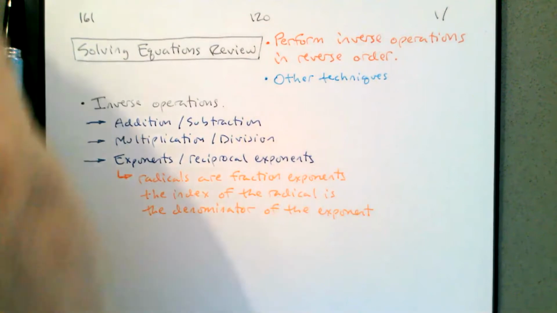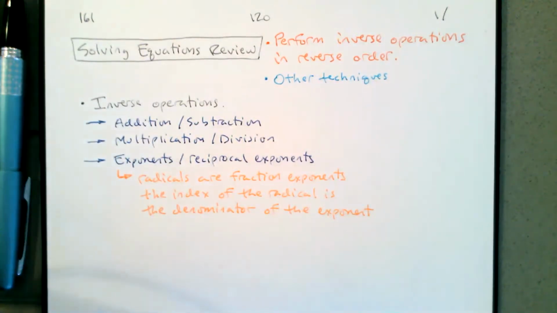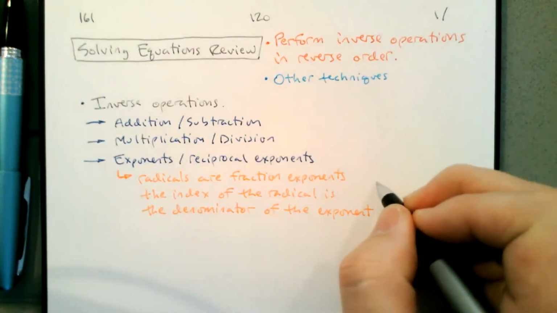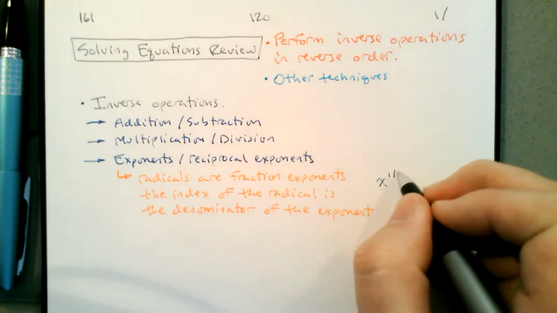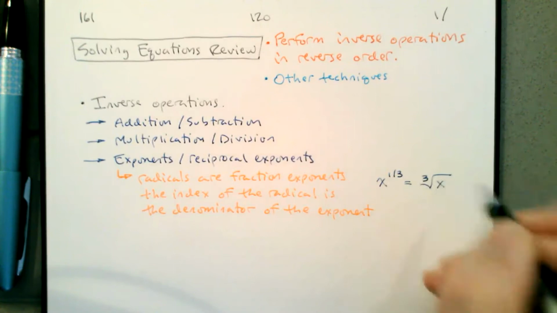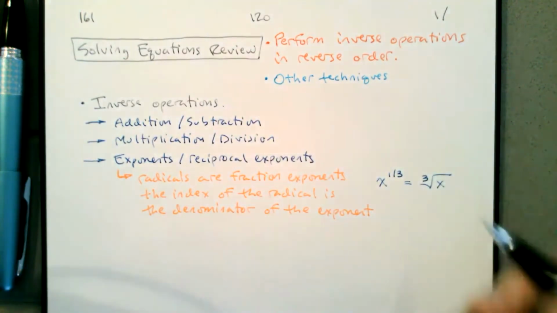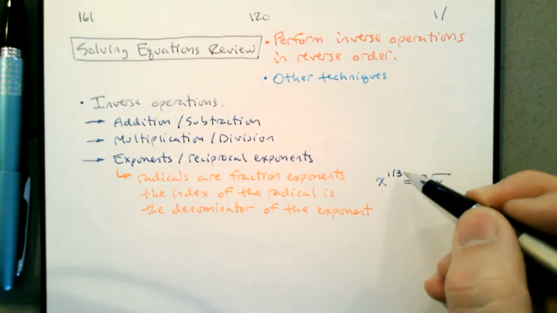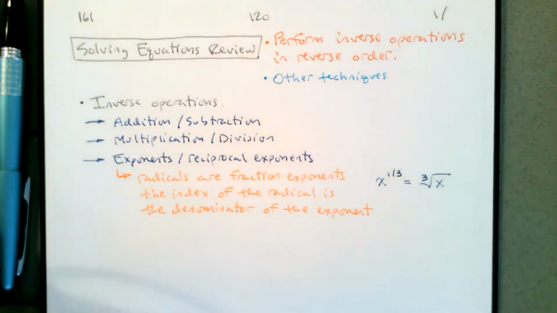So an x to the 1/3 power is the same as the cube root of x. The index of the radical is the denominator of the exponent. So in this way, the inverse of a cube is a 1/3 power, or also a cube root.